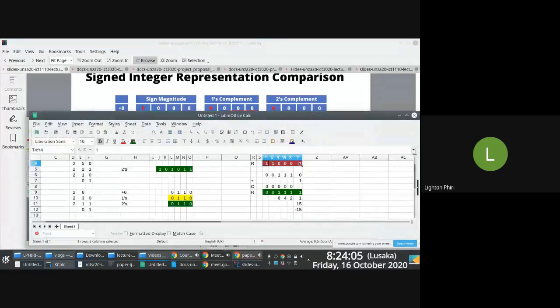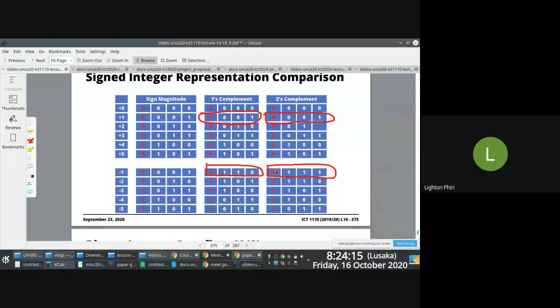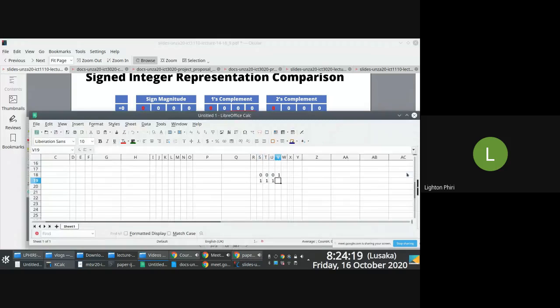Because one of them is negative and one of them is positive, we should be able to get what we expect.